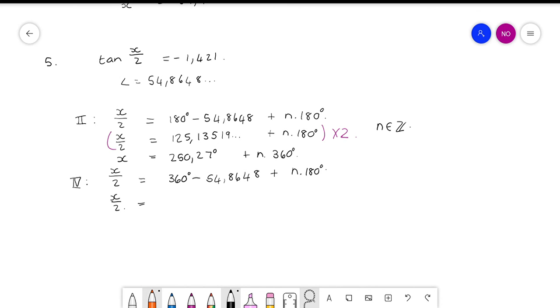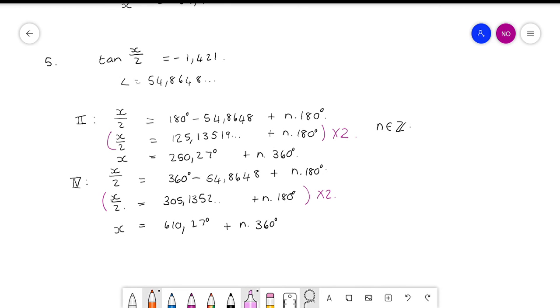Here I'm also going to simplify it first. 5,1352 plus n times 180 and we're going to multiply it by 2. So then you have x is equal to 610,27 degrees plus n times 360.